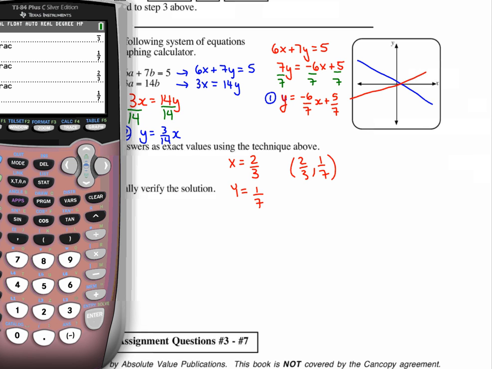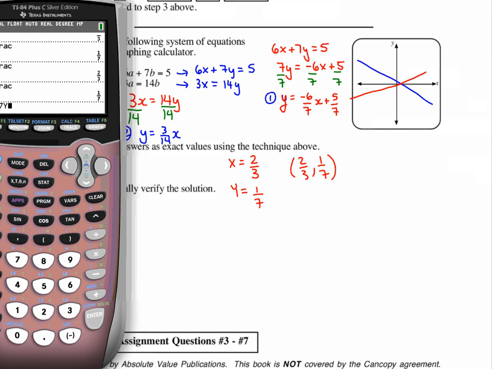You can even check your answers with this now. Because you found it on your calculator, you can verify on your calculator too. We're going to verify algebraically, but we're also going to verify with our calculator. My original equations were 6x plus 7 alpha 1s, 7 y's.